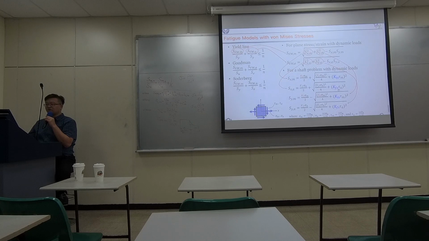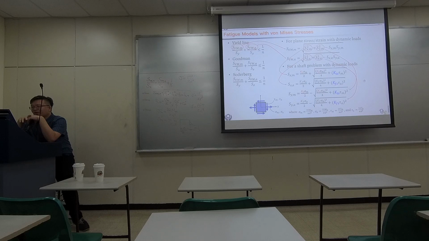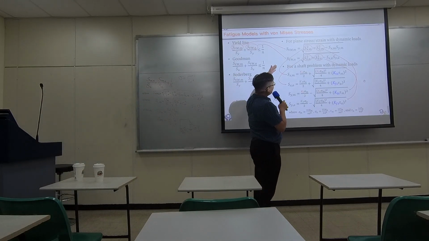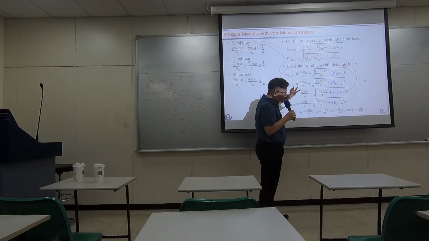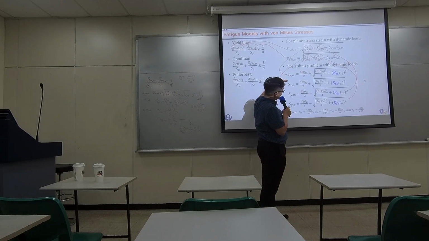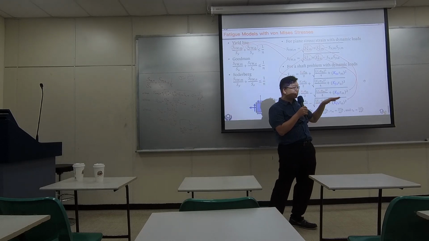Here comes the troublesome part. How about for the fatigue model? So this slide shows you everything. Give me just 1 minute. Earlier we already separated the von Mises stress into a mean value part and an amplitude part. The mean value part doesn't change with time.